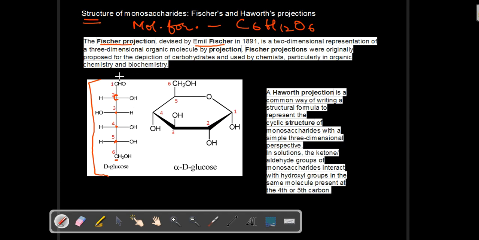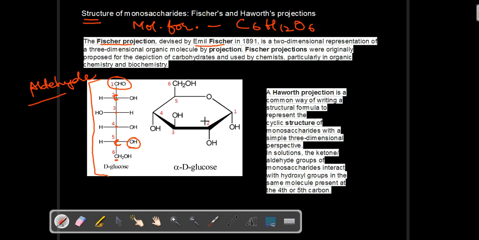In reality, however, if you look carefully, carbon position number 1 is an aldehyde. It's a functional group. I hope you've studied this in organic chemistry. Now the aldehyde present at carbon position number 1 has the ability to interact with the hydroxyl functional group present at carbon position number 5. This aldehyde can also interact with carbon position number 4 in the case of another monosaccharide.